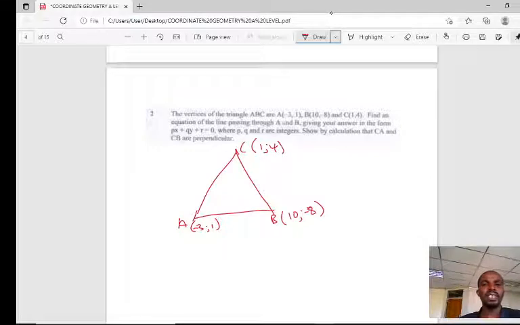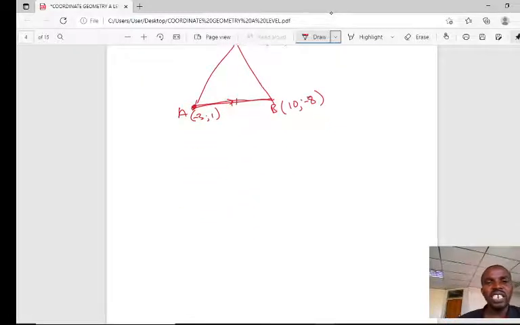Then find an equation of the line passing through A and B. Passing through AB means this line. We want the equation of this line AB, from this point to this point, giving your answer in the form. So first thing, you have to find the gradient. Then after that, you find the equation.